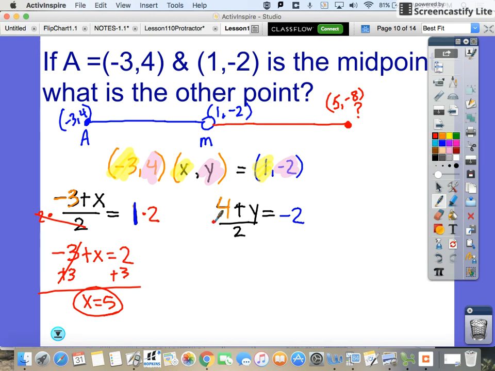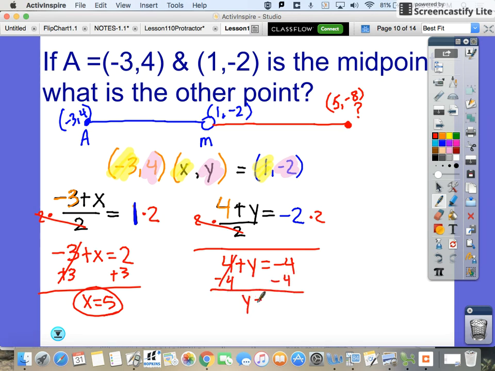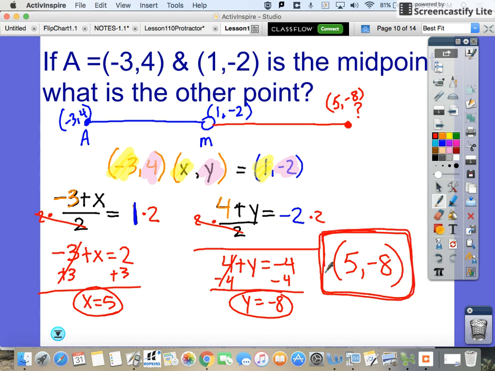So then we're going to multiply by 2. 4 plus y equals negative 4. Minus 4, y equals negative 8. So our other endpoint is 5 comma negative 8. And that's what we determined right here, right away. But this is algebraically how you do it.